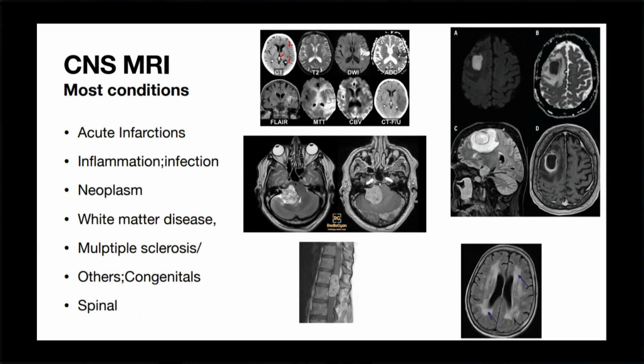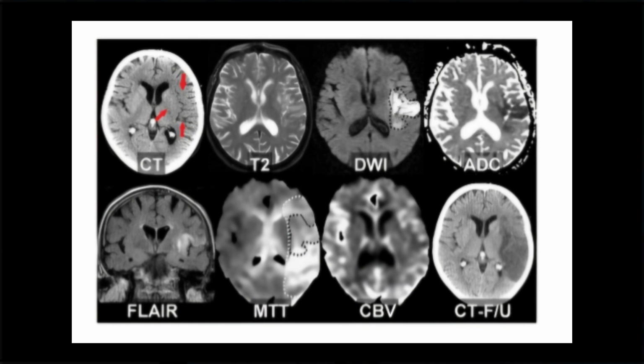If you can view with me on the screen, you can see that CT scan, which is done maybe 6 hours after a patient comes in with symptoms, but if it's below 6 hours, the CT scan is normally normal. So you see that part there does not show any evidence of change of density.